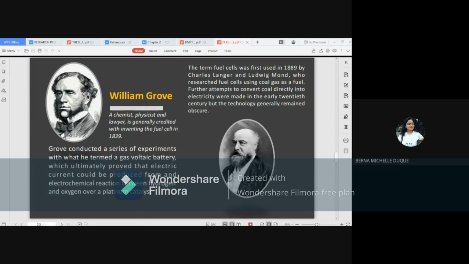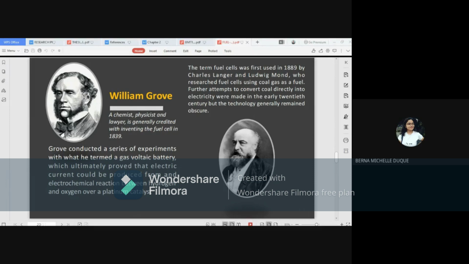He was a chemist, physicist, and lawyer, and is generally credited with inventing the fuel cell. He was conducting a series of experiments with what he termed a gas voltaic battery, which ultimately proved that electric current could be produced from an electrochemical reaction between hydrogen and oxygen over a platinum catalyst.